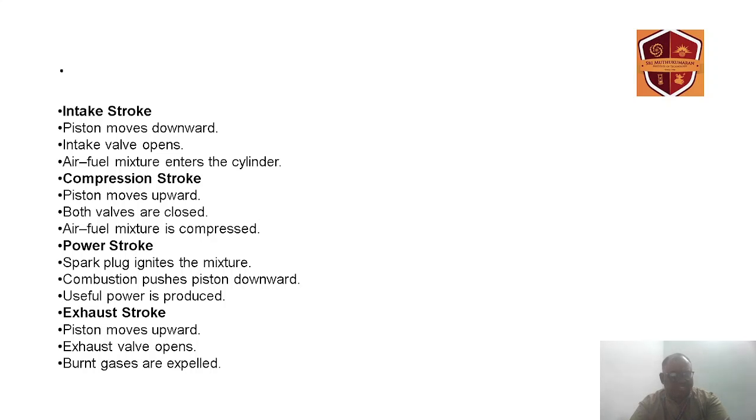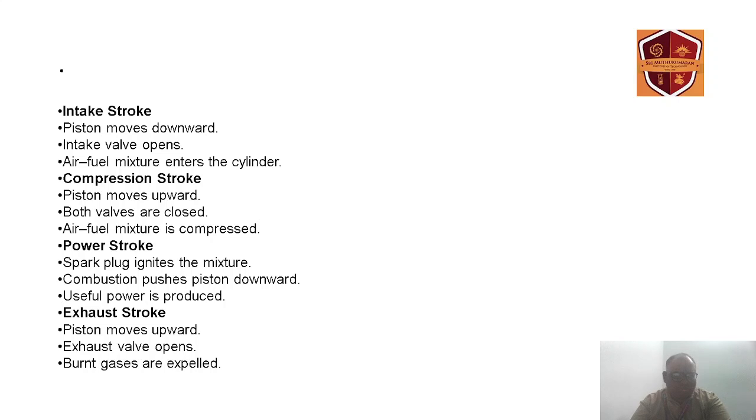So what happens in the inlet stroke? In the intake stroke, the piston moves downwards and the inlet valve opens. The air plus fuel mixture enters the cylinder. In the compression stroke, the piston moves upward, from bottom dead center to top dead center. Both inlet and exhaust valves remain closed and the air plus fuel mixture is compressed.